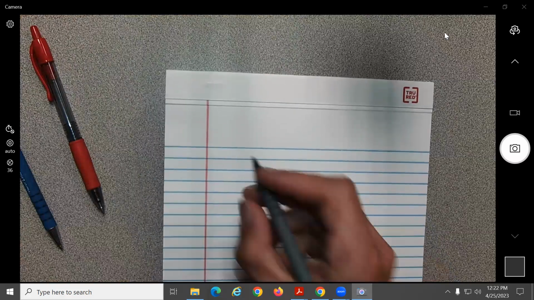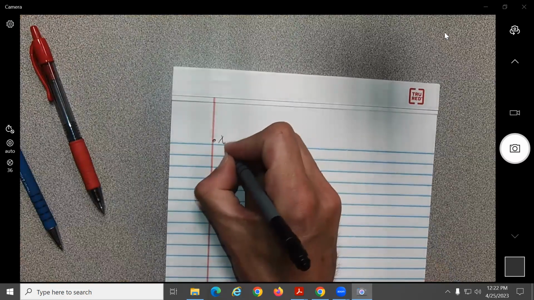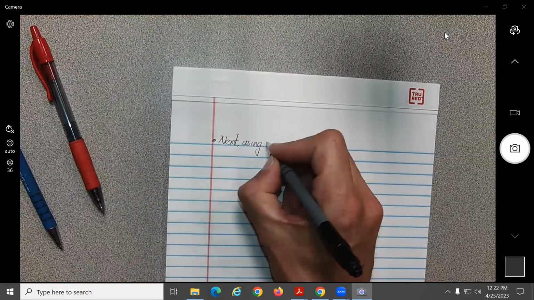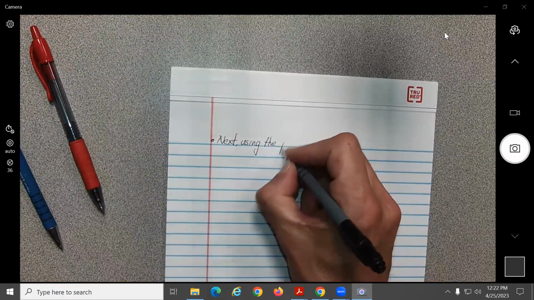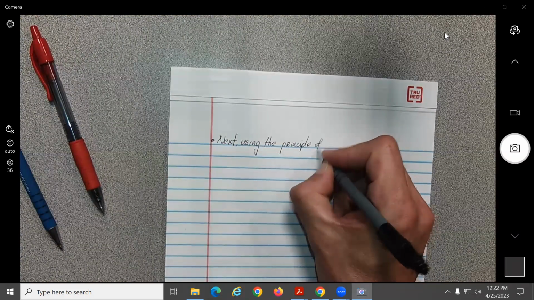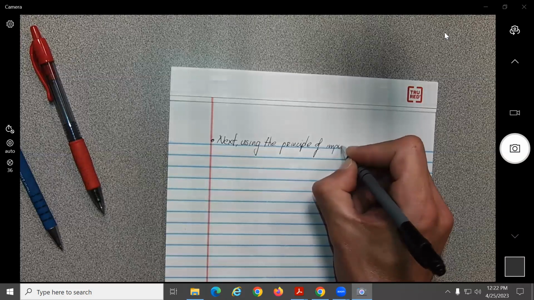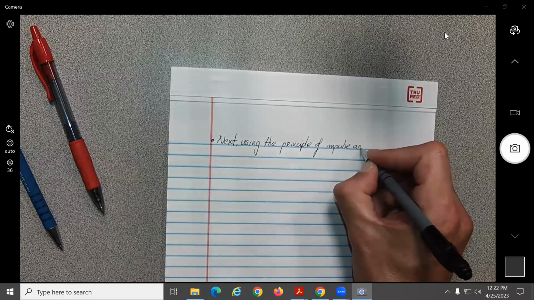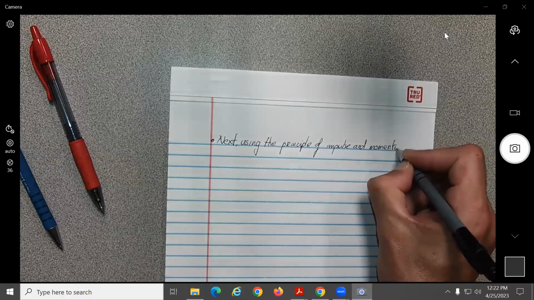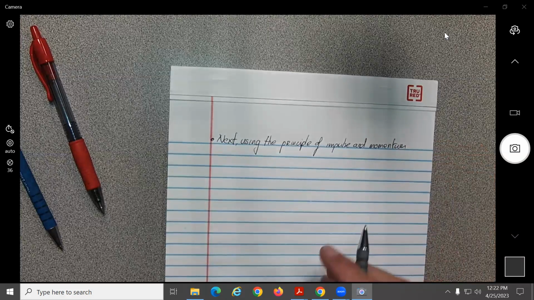All right. So next, using the principle of impulse and momentum.